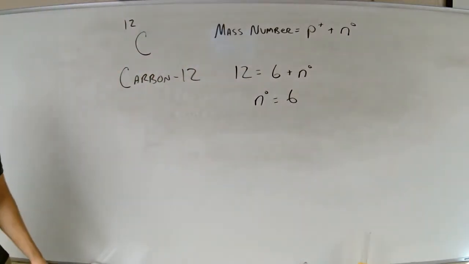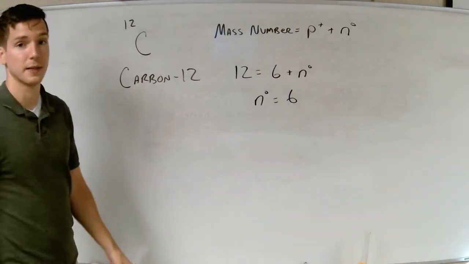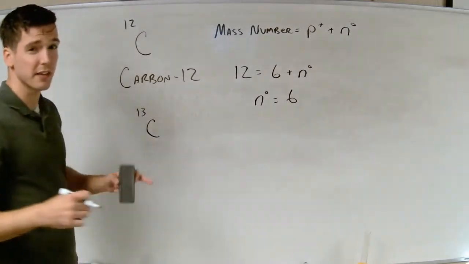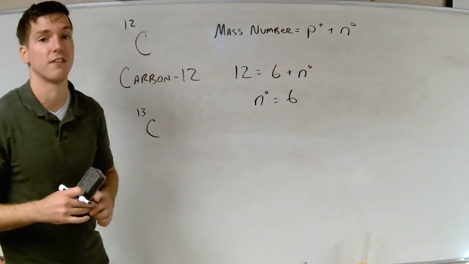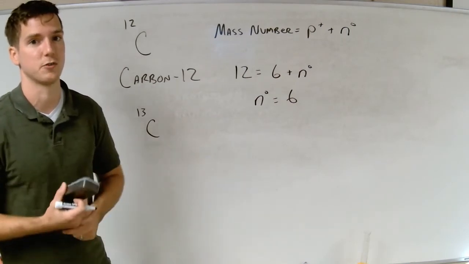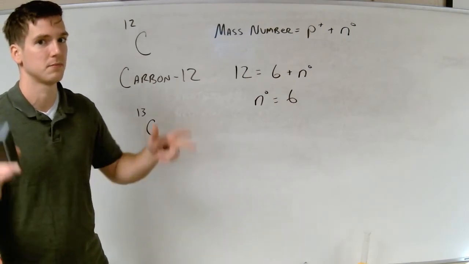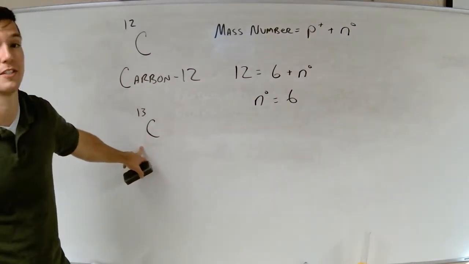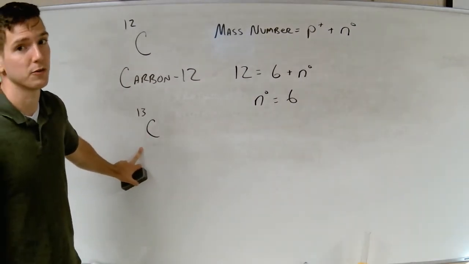Okay, I might have something like carbon 13. Okay, think, what is it called when we have atoms with the same amount of protons but different neutrons? What are those called? Isotopes. Okay, so in this situation, still carbon, it's just an isotope of it because it's got a different amount of neutrons.